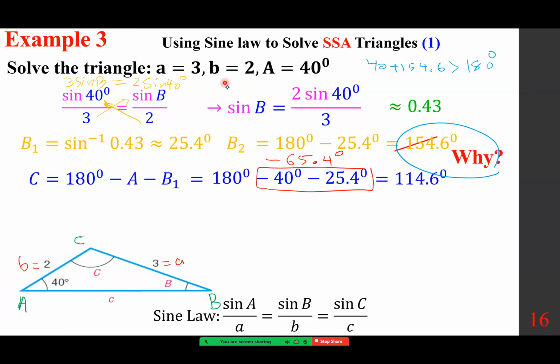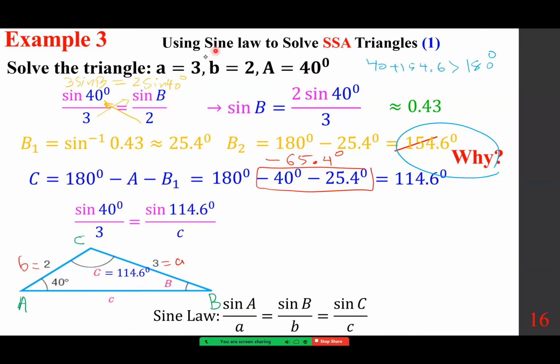The sides, we have two of them. So we have to use this one because we are looking for the last one. We can use that one, but we better stick with what we know already. So this is 114.6 degrees. So we are going to go with sine A over a because both of them are known.